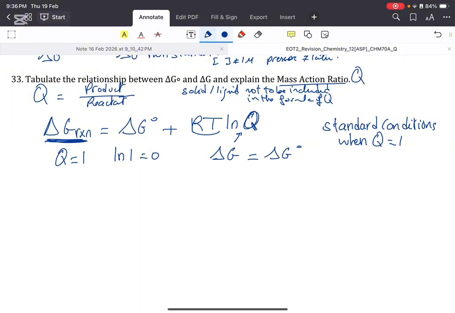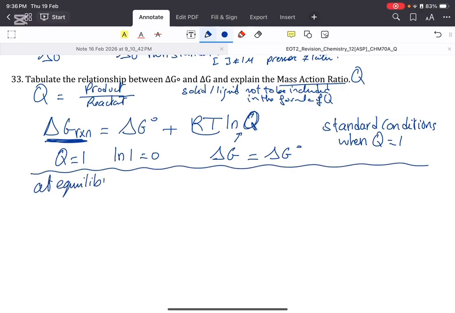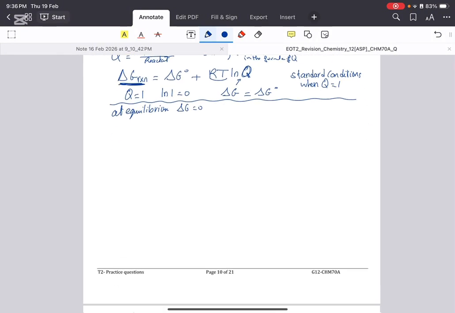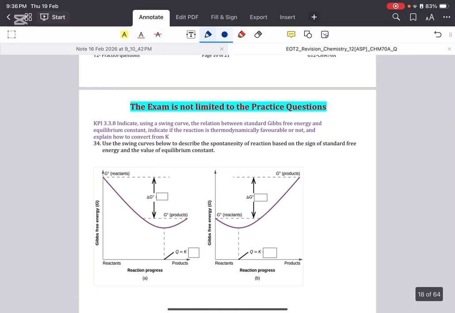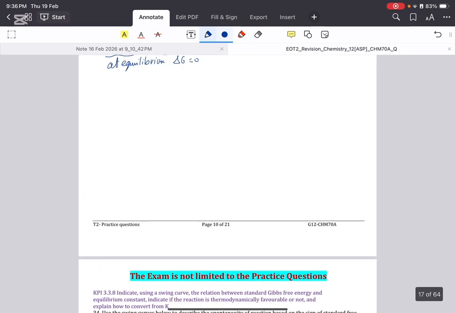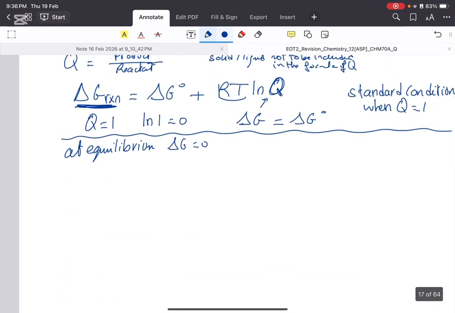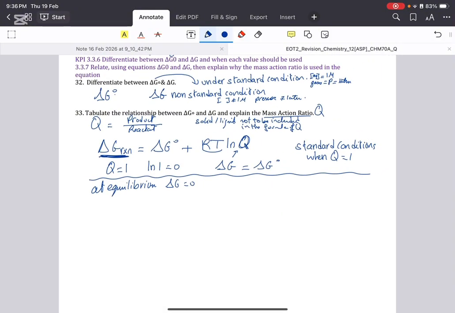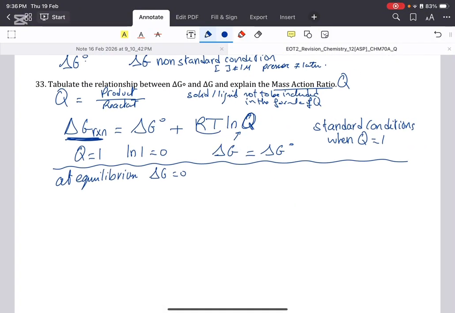Now, at equilibrium, delta G is equal to 0. And I'm gonna explain this when I reach this graph over here as well. So delta G is equal to 0. Therefore, in this case also at equilibrium, Q is equal to K.